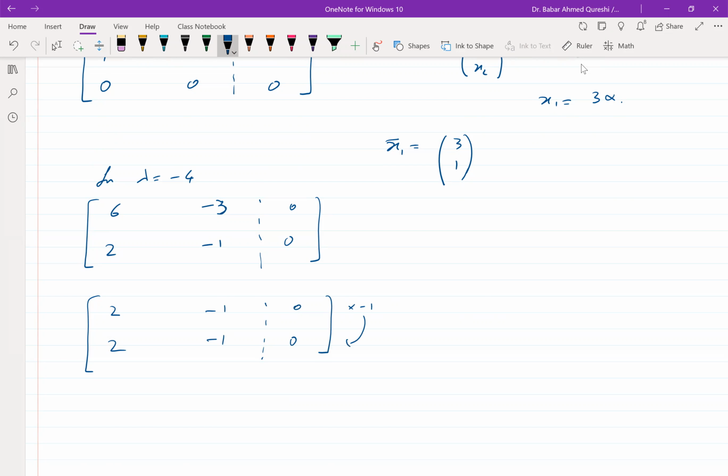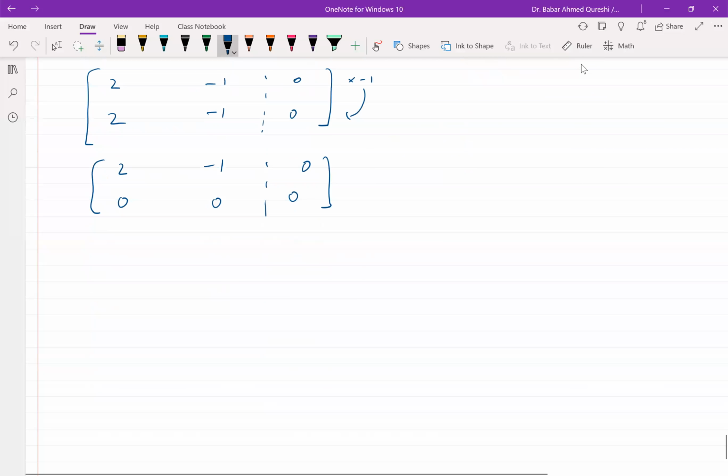Minus 1 times added here, 0, 0, 0. I don't even have to make this 1. I can just use my logic that x2 is free and 2 times x1 minus x2 is 0. So x1 is x2 over 2.